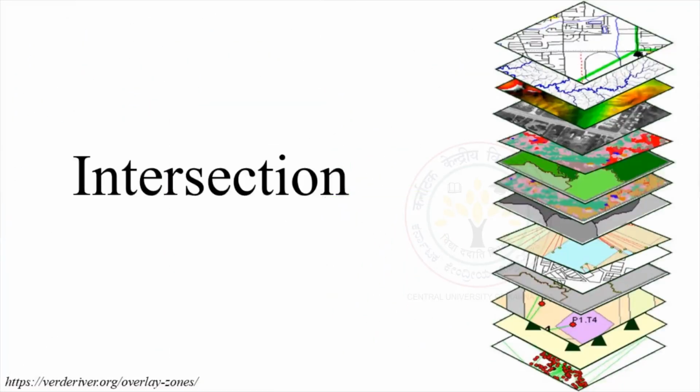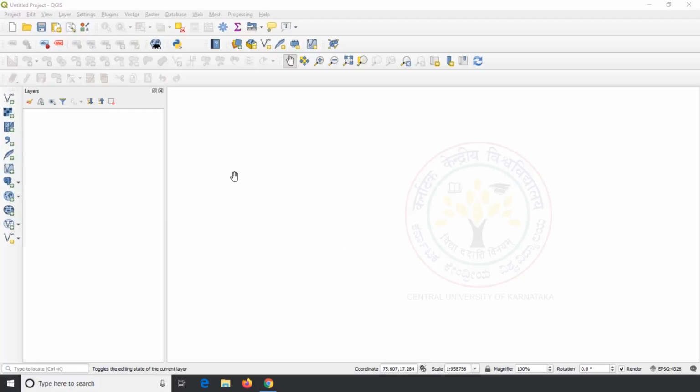Intersection. Intersection is the tool commonly used for overlay analysis in GIS. It intersects several parameters into a single feature to obtain a specific result. For this exercise, I am going to use the dummy data of Kalaburgi district, where my university is located. This dummy data will be provided to you for your exercise.